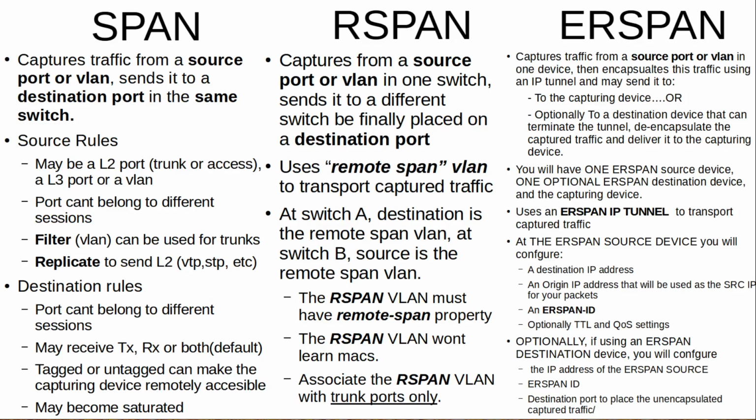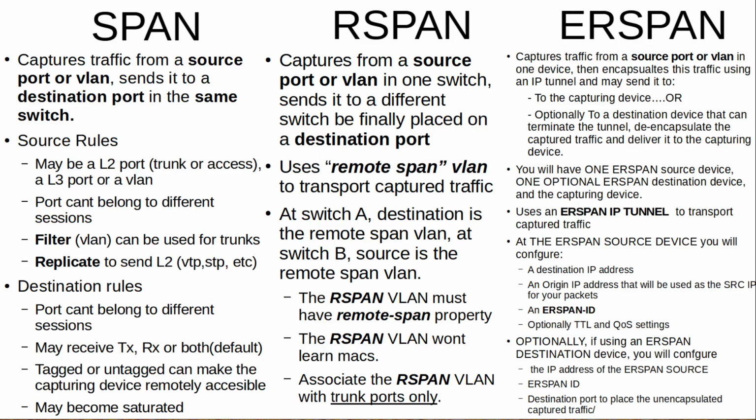By default, SPAN will not send you frames that belong to control protocols, like VTP, STP, DTP, CDP, and so on. In order to receive these frames, you will have to enter the command encapsulation replicate.